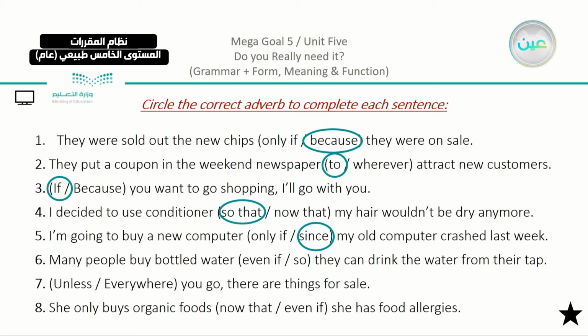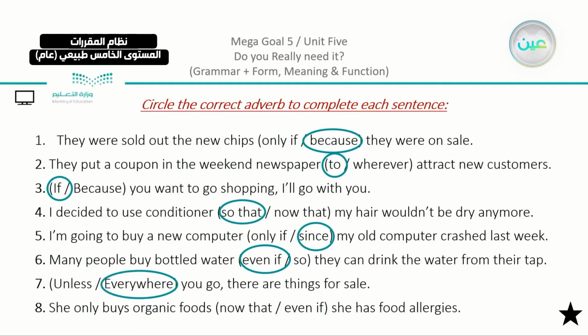So yes, they can drink water from the tap, but even if they do, they drink water from bottles also. So we have here even if. "Unless or everywhere you go, there are things for sale," and you can see that we have here go, which makes it easy to choose everywhere.